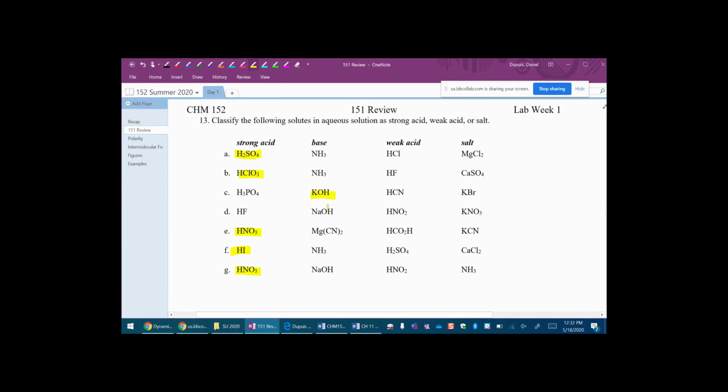Strong base, 1, 2, 3 strong bases. Weak acid. Let's use a different color. Let's use green for the weak acids. HF, HCN, HNO2, that one, HNO2, and a salt. Ionic, ionic, ionic, ionic, ionic, ionic.